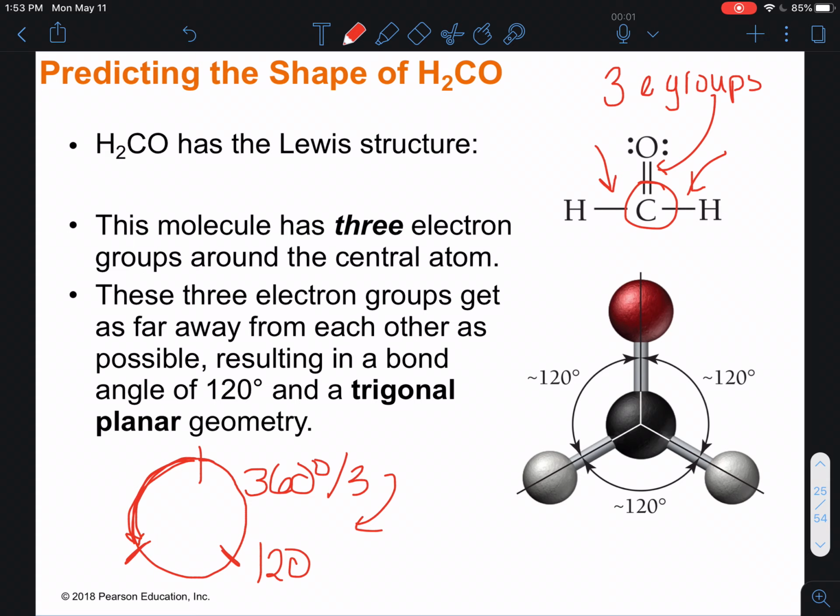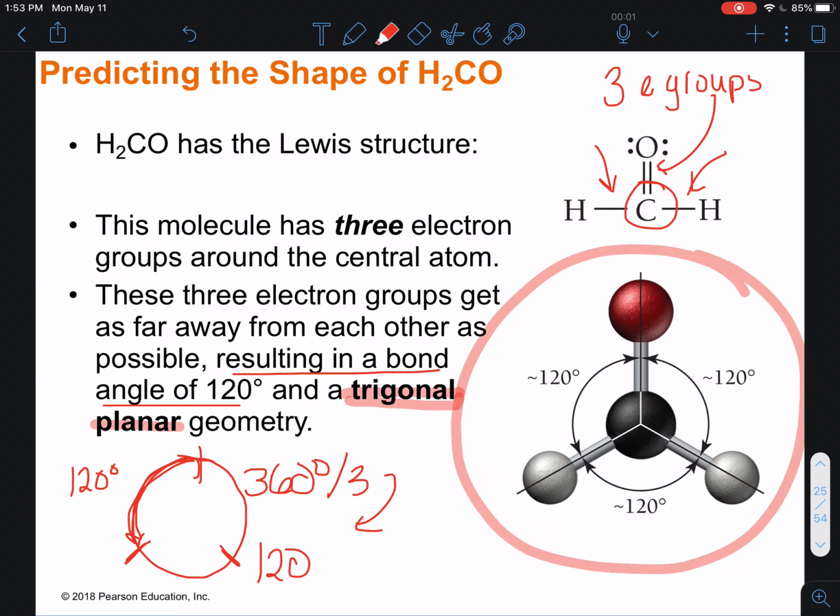Resulting in a bond angle of 120 degrees and a 3D geometry called trigonal planar. So this is the second 3D geometry that we've learned, and this is what it looks like. Trigonal planar. If we were to rotate and turn this molecule on its side, it would be flat like a sheet of paper.